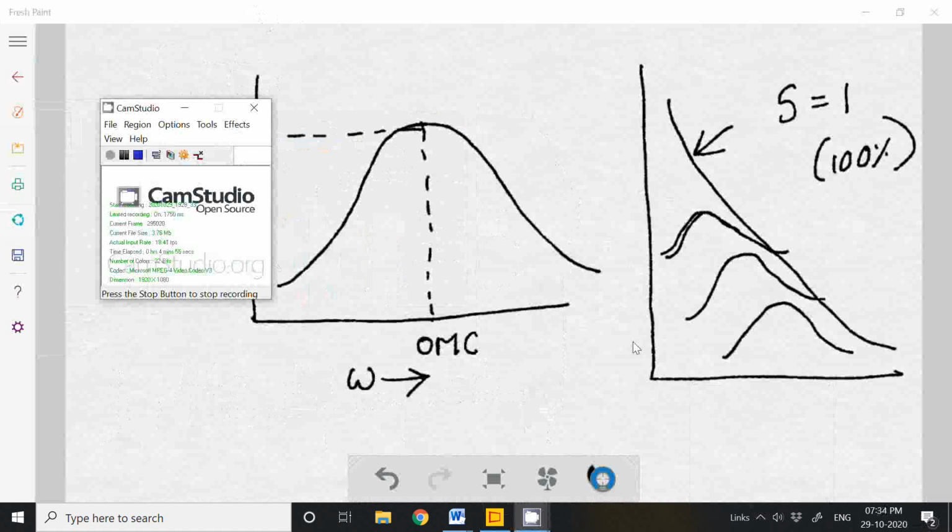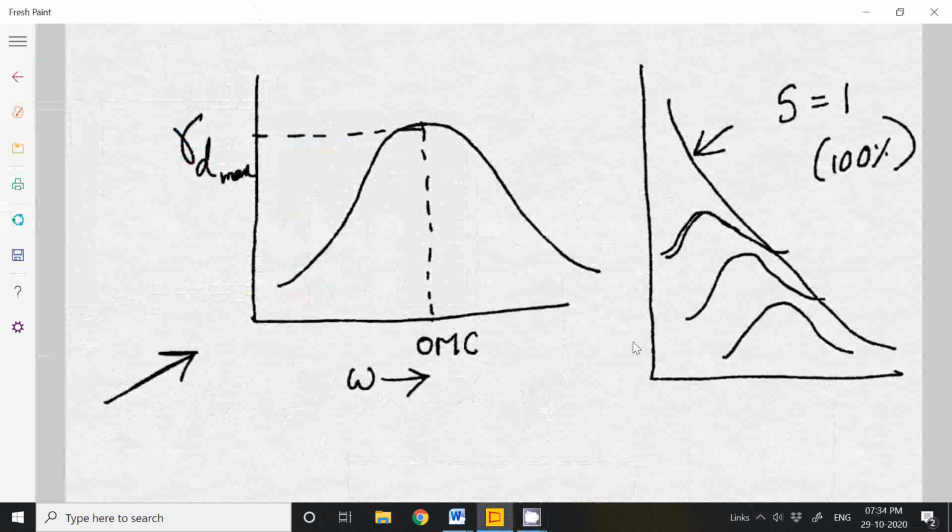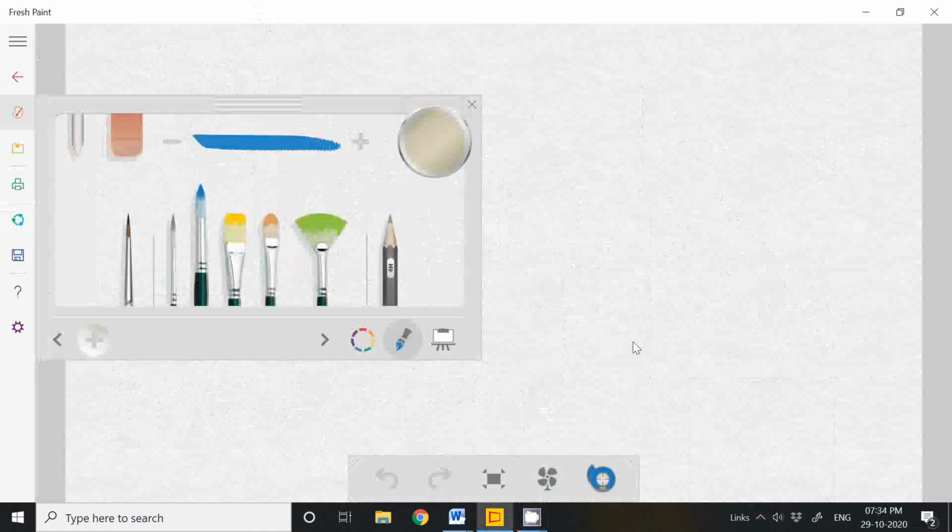Now in this diagram, let me erase. This part is called the dry side of optimum, and this part is called the wet side of optimum. Okay, and when you give a compactive effort, now let me take a new screen, then I will be able to explain it in a much better way.